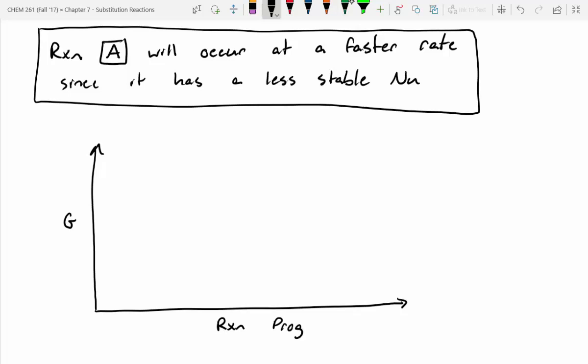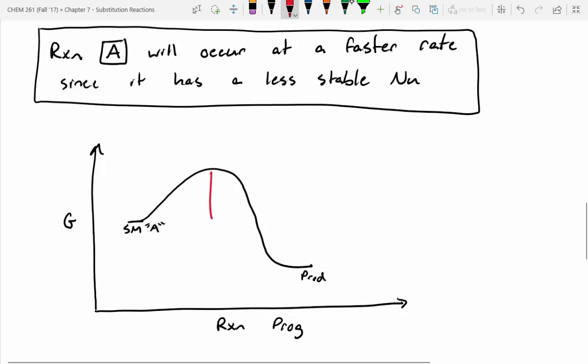Is it going to be one hump or two humps for these reactions? SN2 is always going to be one hump, right? Okay, so I'm going to just pick A up here. So I'm going to pick starting materials for A. We know it's going to have to go over some hump, and it's going to go to products, right?